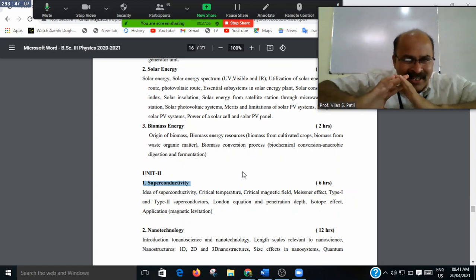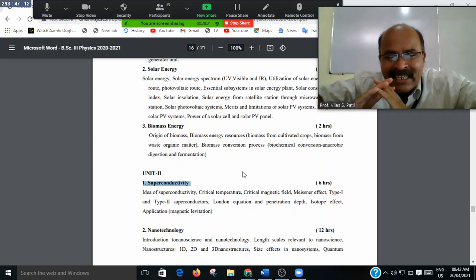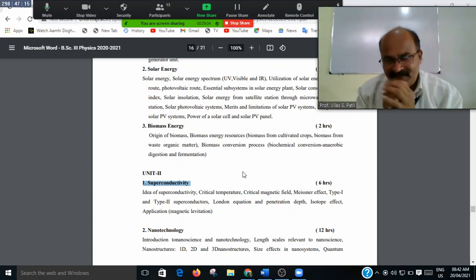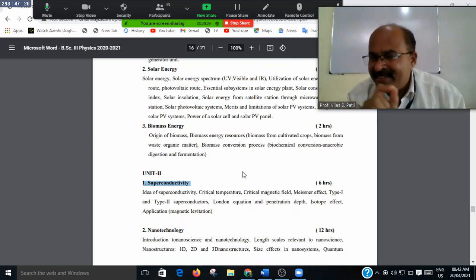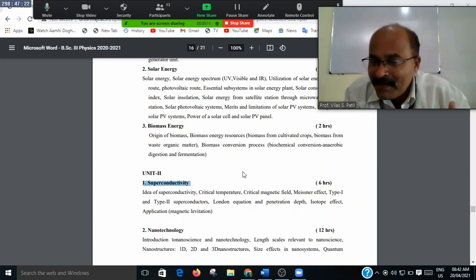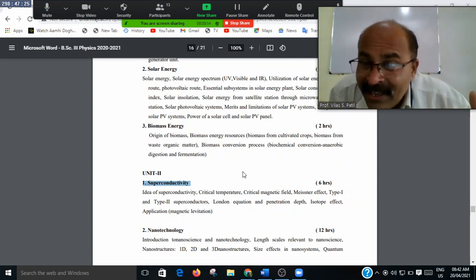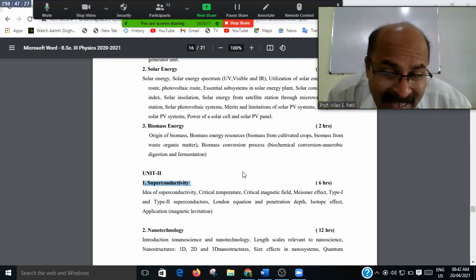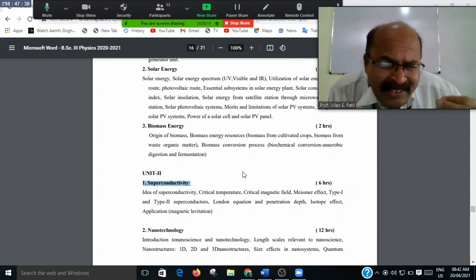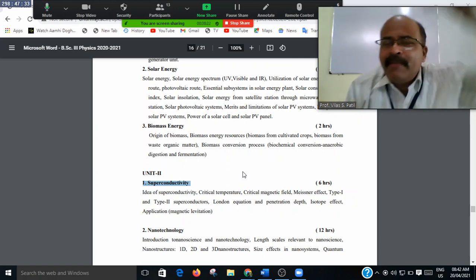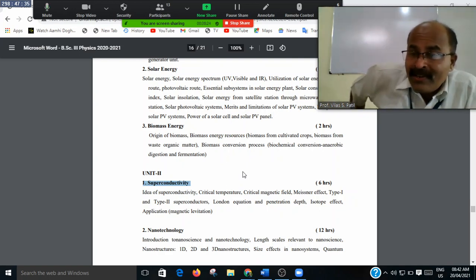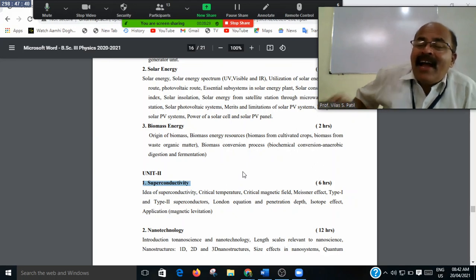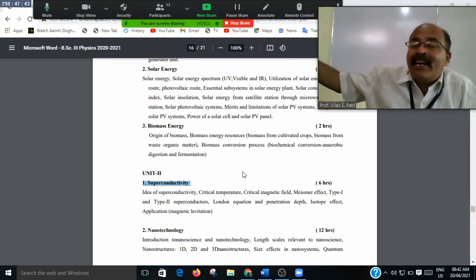It is not the permanent appearance, but it is a very small phase that will be the superconductivity. Once that temperature 4.2 degree is changed, decreased or increased, the superconductivity will disappear, and again that material will be converted into a conductor.